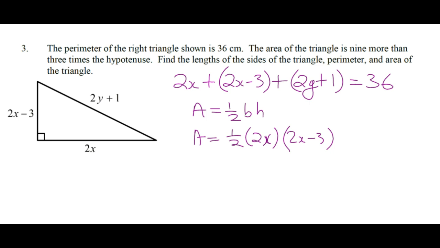Okay, the area is 9 more than 3 times the hypotenuse. All right, so I've got an area thing. The area, so A is 9 more than. How do you do 9 more than something? You add 9. So here, at the end, we're going to add 9. 9 more than what? 3 times 2y plus 1.